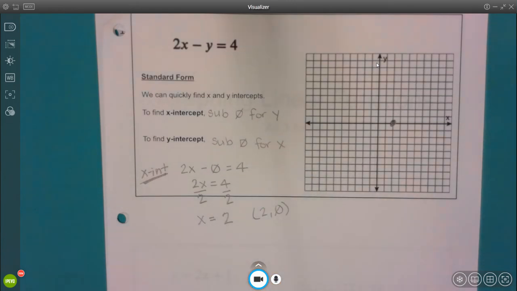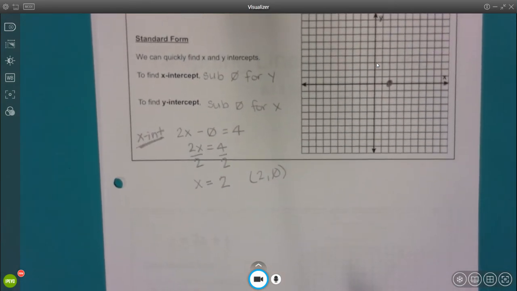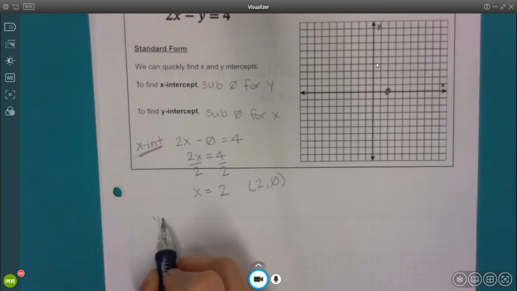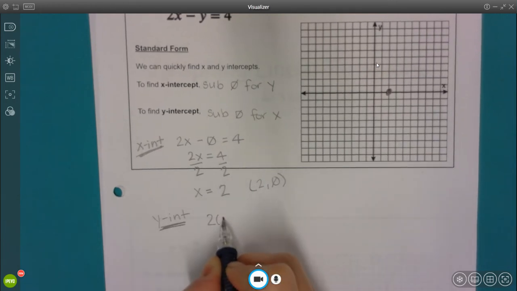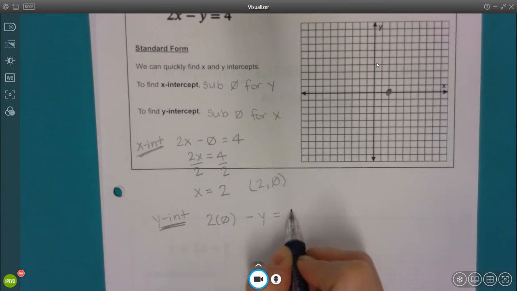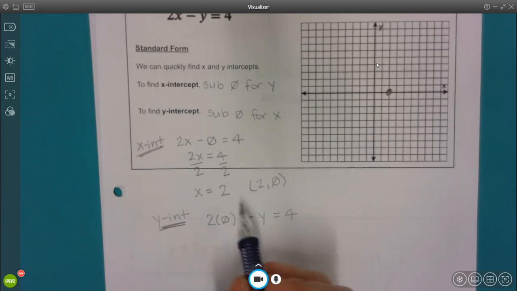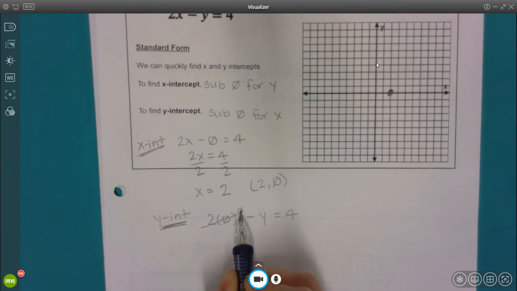Now I'm going to do the opposite and substitute in 0 for x if I'm trying to find my y-intercept. So I'm going to take x out and replace it with 0, so 2 times 0 minus y equals 4. Well, 2 times 0 becomes 0, so this will be gone.